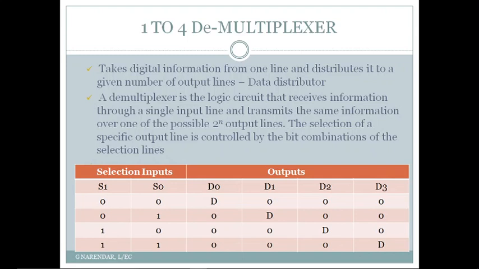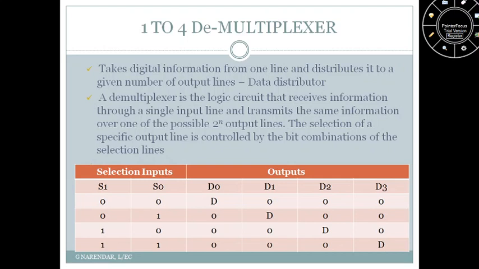So there will be n selection inputs to select one out of the 2 power n output lines. The selection of a specific output line is controlled by the bit combinations of the select lines.